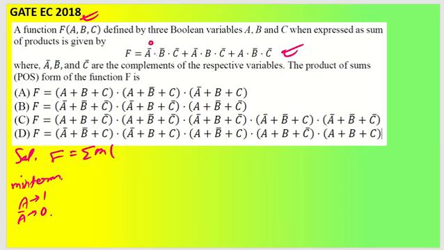So for that, this is 0 0 0, this is 0 1 0, and this is 1 0 0. So it is nothing but a sum of min terms: the first one is 0, next one is 2, and next one is 4. So the function which is given is summation of min terms 0, 2 and 4.